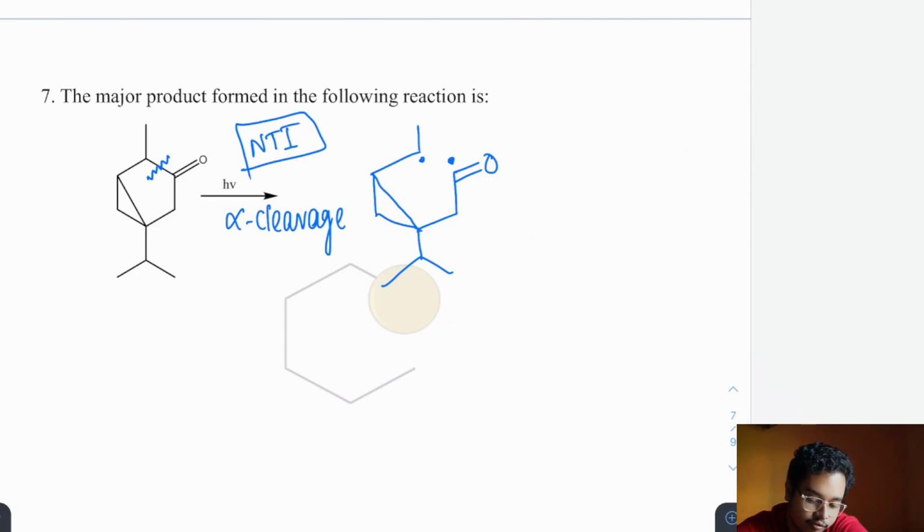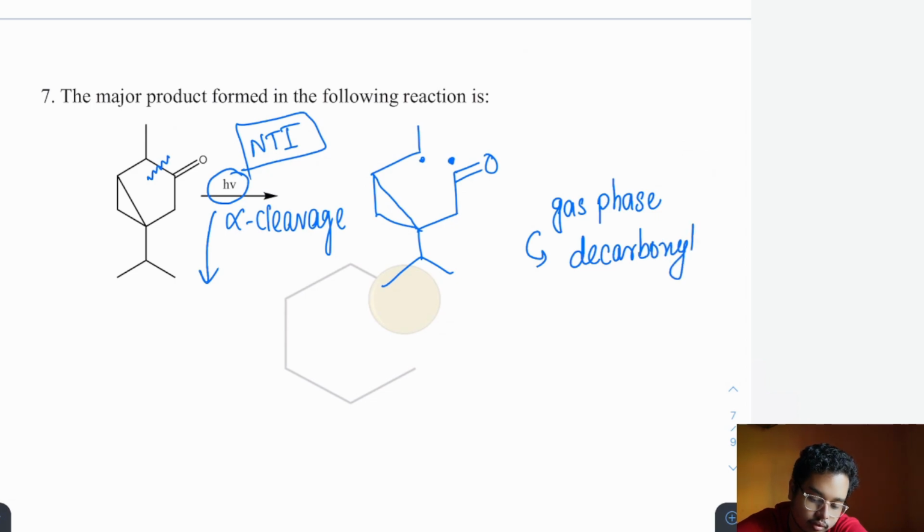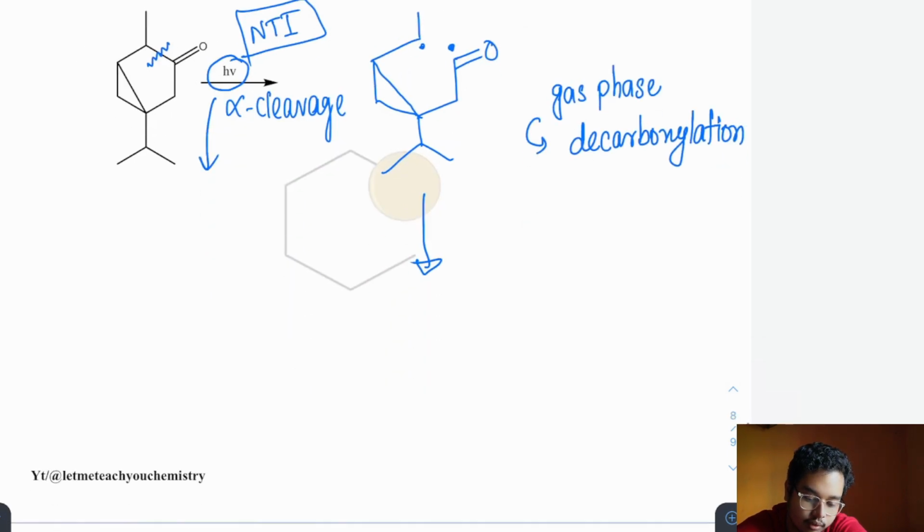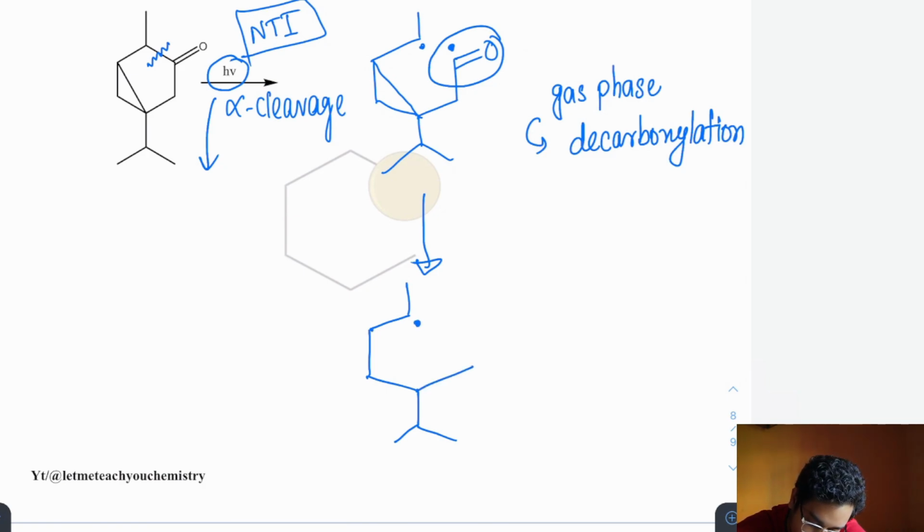Okay. After that, since this hν has no other solvent there, we assume it is a gas phase reaction. Gas phase reaction always leads to decarbonylation. That means this will get eliminated. This will be the radical formation.